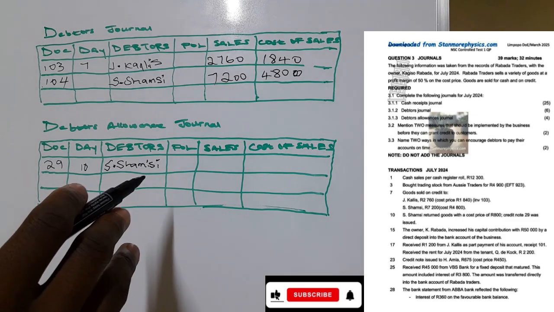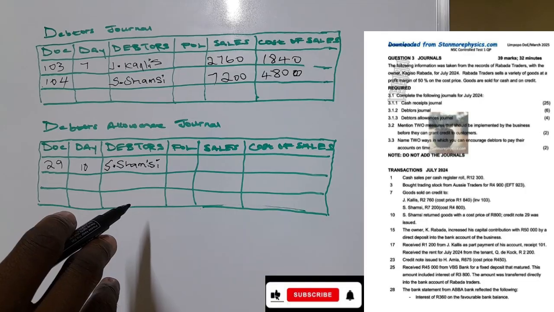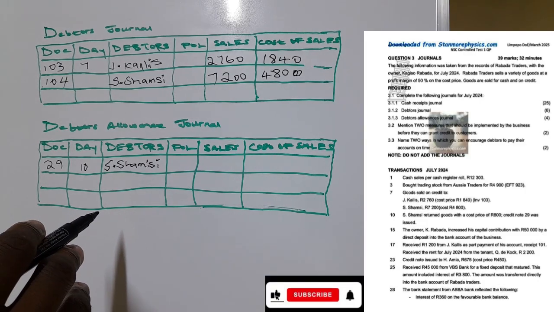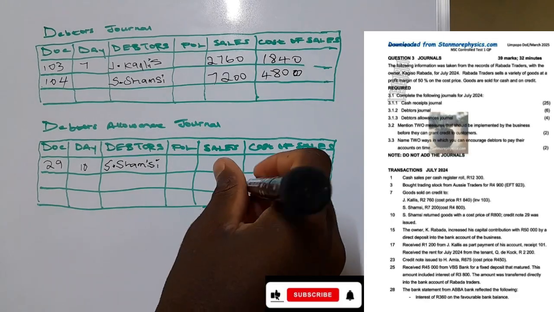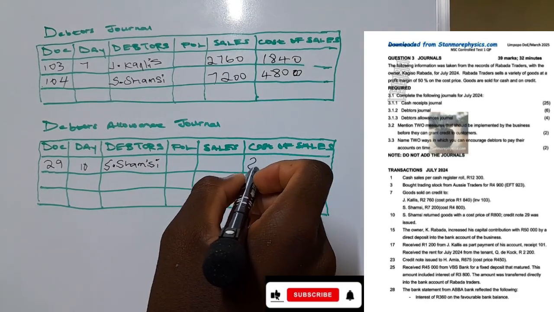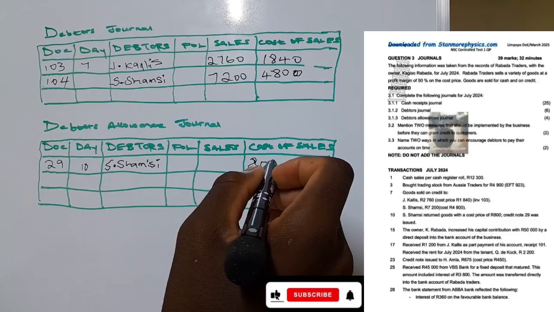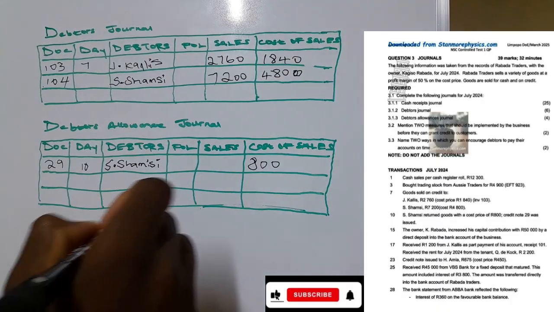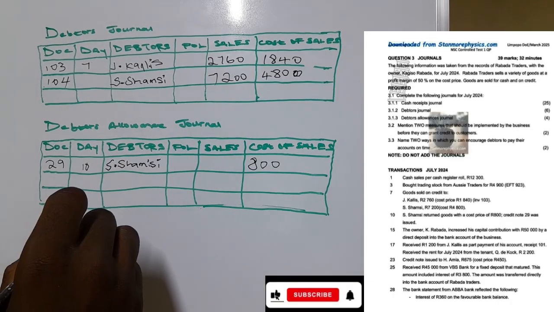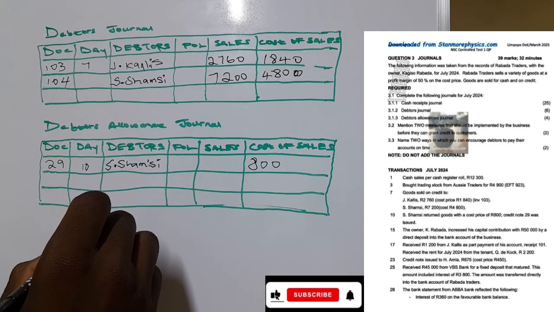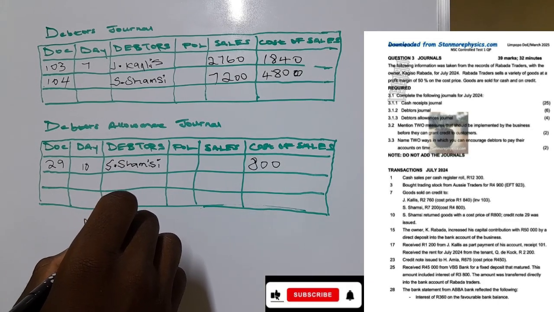That's where we record the return from our customer. Then they say the cost price is 800. We are given only the cost price, which is 800. And then the selling price, we don't have the selling price. As you remember, our markup equals 50%.